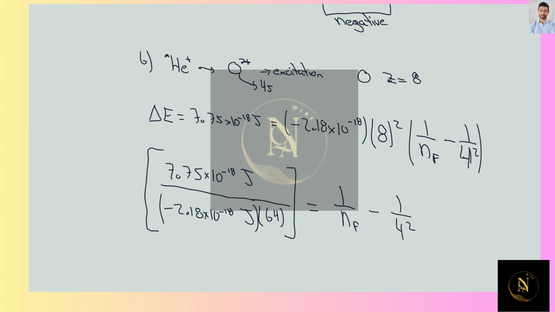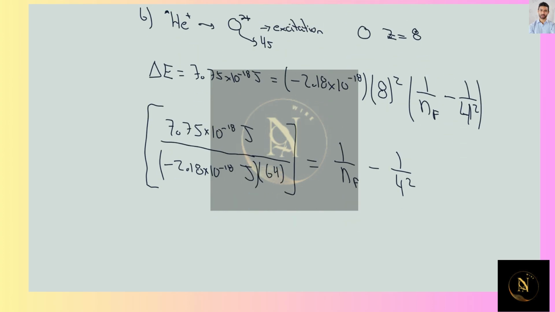So what we can do is pass the 1 over 4 squared to the other side. I'm being careful not to miss the squared over here. So this now becomes plus 1 over 4 squared equals 1 over n final squared.